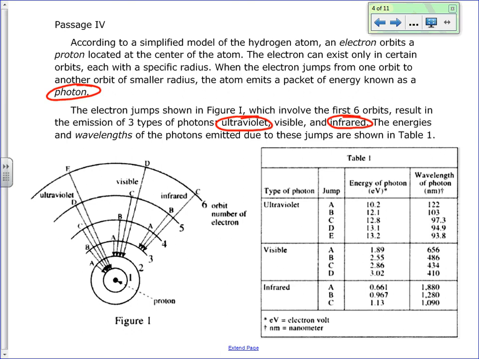Emits. Good. That's it. Going once. Going twice. All right. The words that we have then are proton, emits, photon, ultraviolet, and infrared.